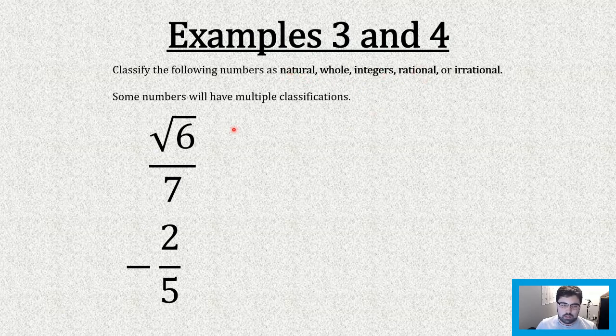We're up here at rational. Well, the problem is it doesn't really fit that definition, because the square root of 6 is not an integer. 7's an integer, square root of 6 is not. So is this a ratio of 2 numbers? Yeah. Is it a ratio of 2 integers? No. So it's not natural, not whole, not an integer, not rational. That leaves irrational.